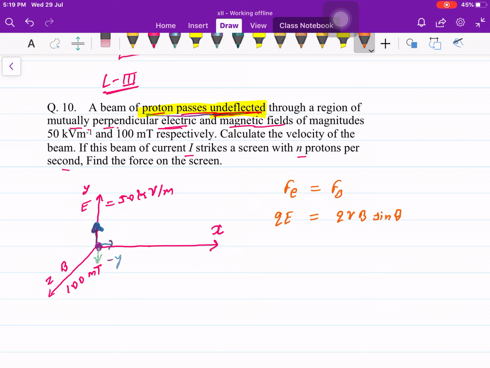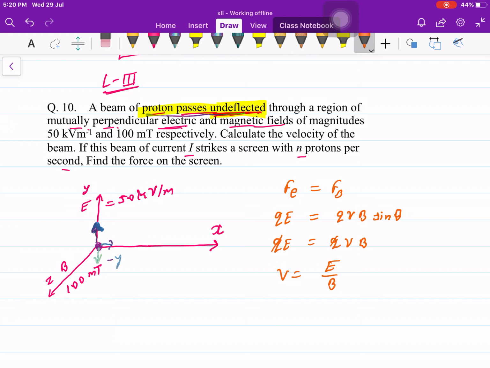Here theta is 90 degrees, so no need to think about that. Now Q means charge of protons, that is same, so we can cancel it here. Here we can have V is equal to E by B. To find out the velocity, we need only E and B.